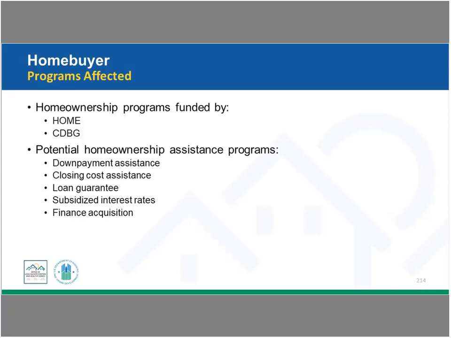And so keep in mind that this is going to apply to all properties that were built prior to 1978. So you might be working in an area where quite a bit of your portfolio of housing is 1978 or more recent, and those units are going to be exempt from this rule. Just keep in mind that Chris did talk through some of the exemptions that might apply, and that would be one of them.